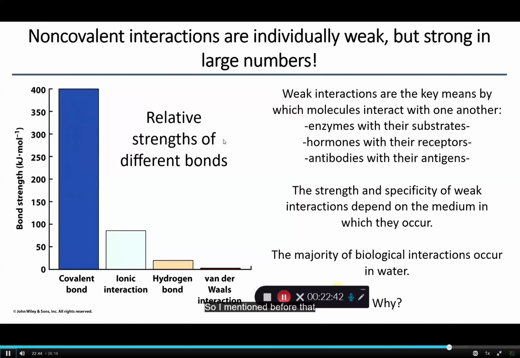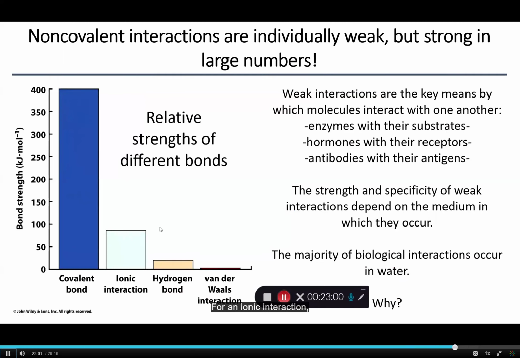So I mentioned before that these non-covalent interactions are critical for life. They are individually very, very weak. So here's bond strength, the relative strengths of different types of bonds. We have our covalent bond here, and it takes about 400 kilojoules per mole to break that bond.